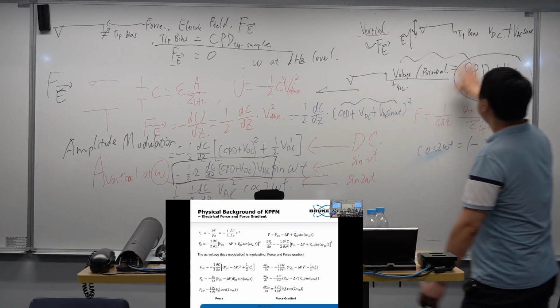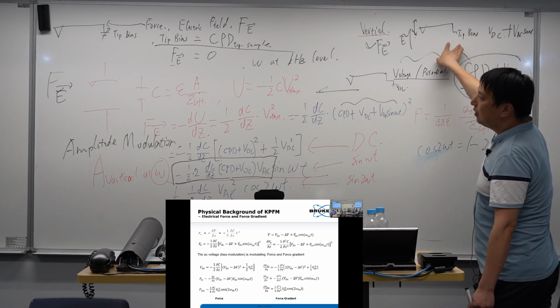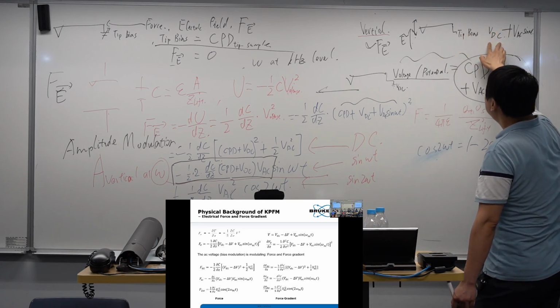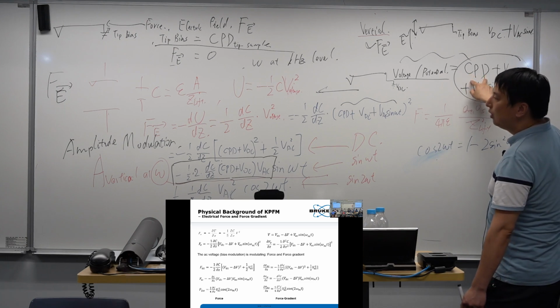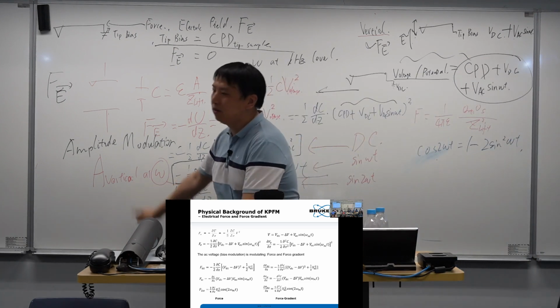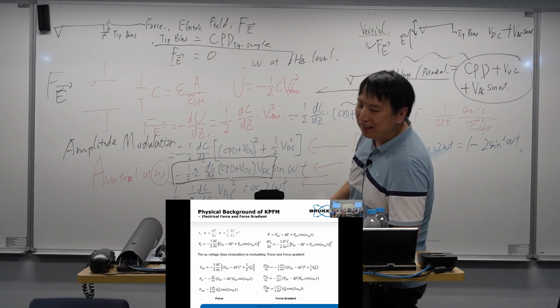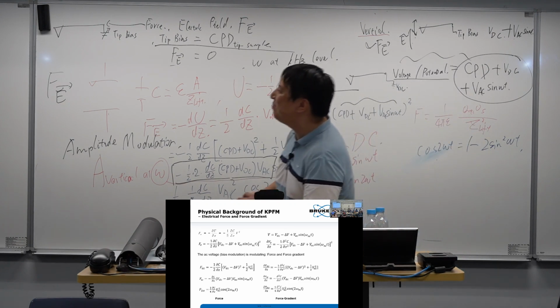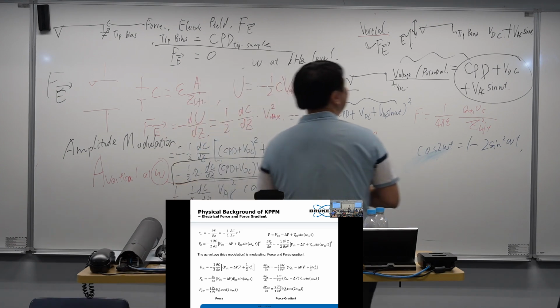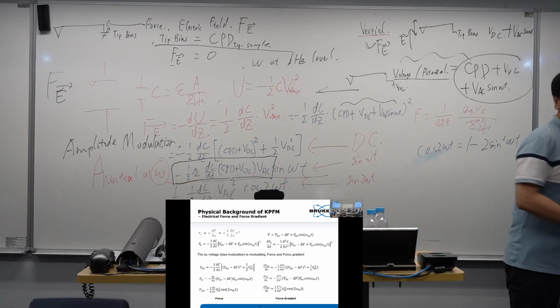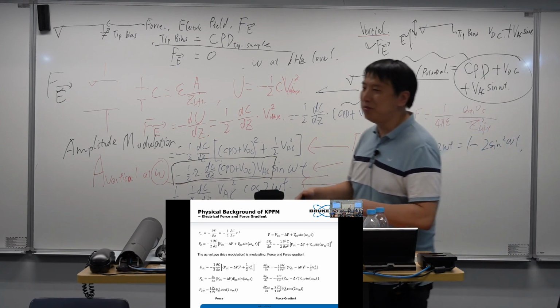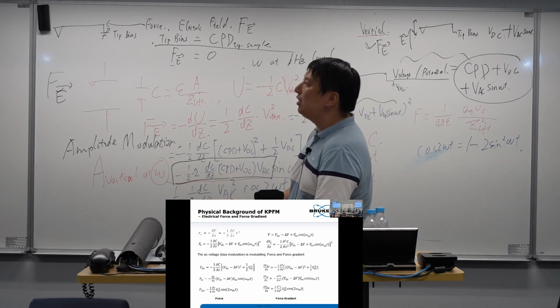And then we adjust the VDC on the tip. Once the VDC equals the CPD, the amplitude will be 0. That's the idea. It's a little bit long, but not that hard. Then our experiment will be the same as the EFM way.